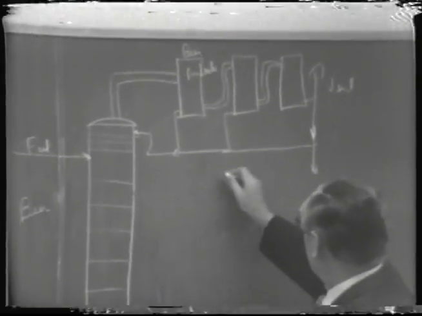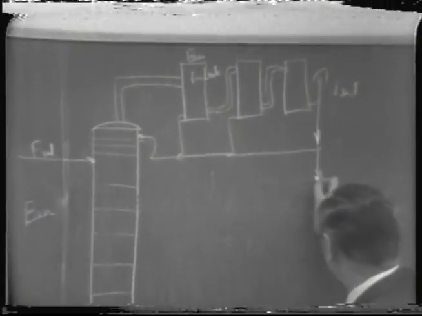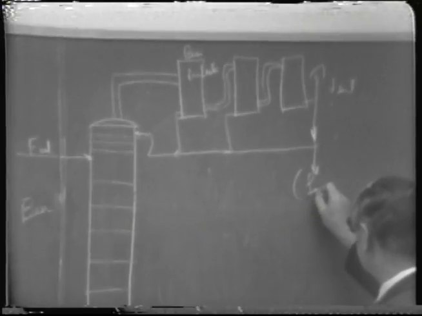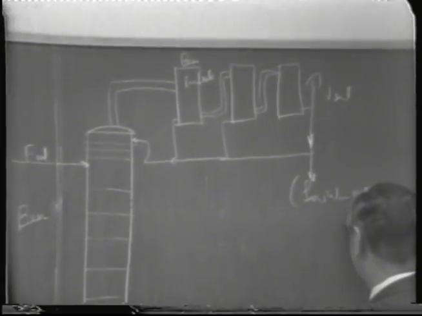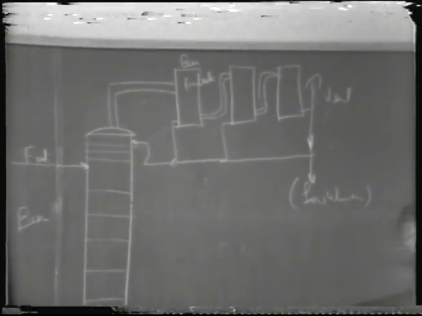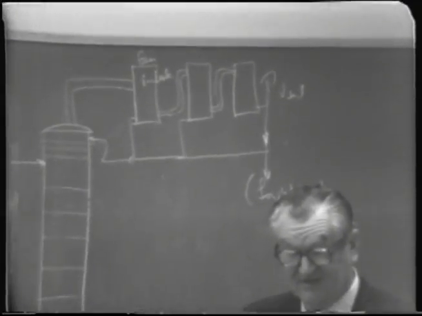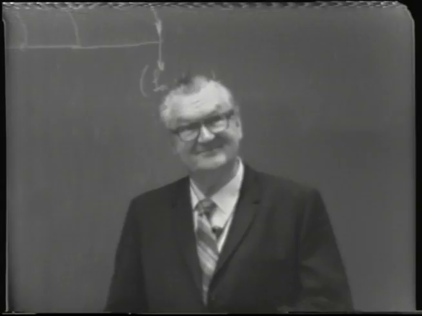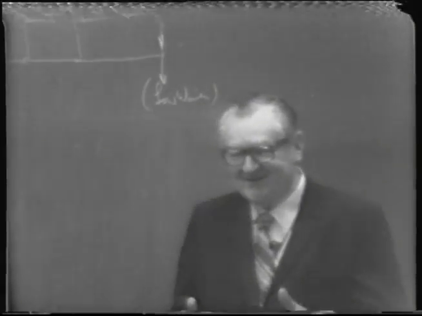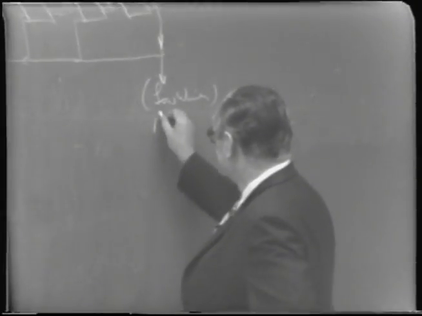But anyway, the product then of this would be called low wines. They use the word wines in the grain distilling industry. I don't know what they call low wines or high wines. But anyway, one or the other. I think sometimes they call it high wines.